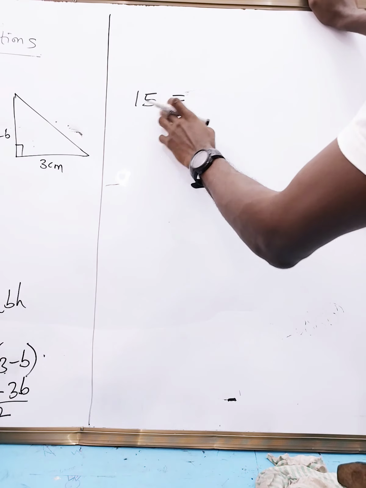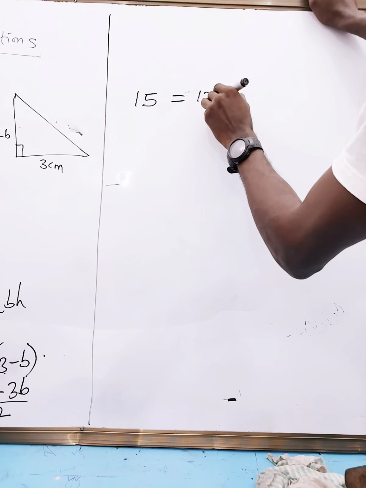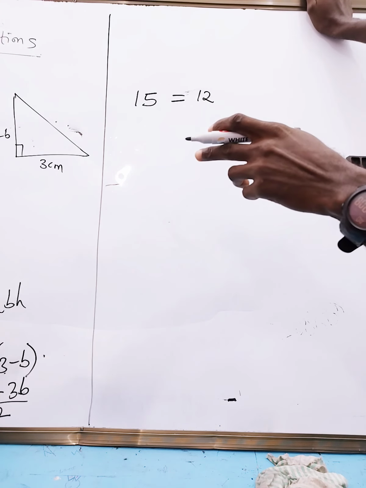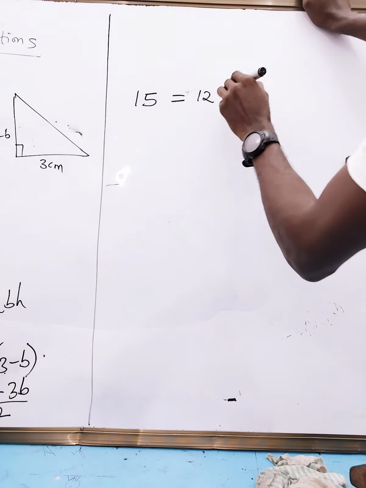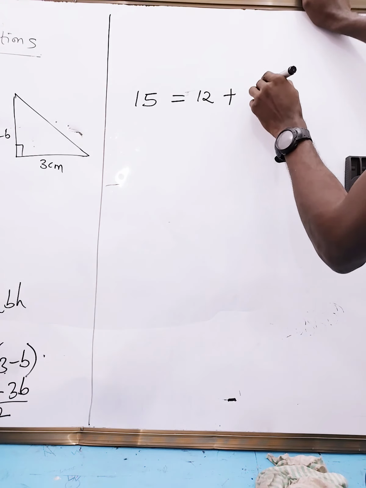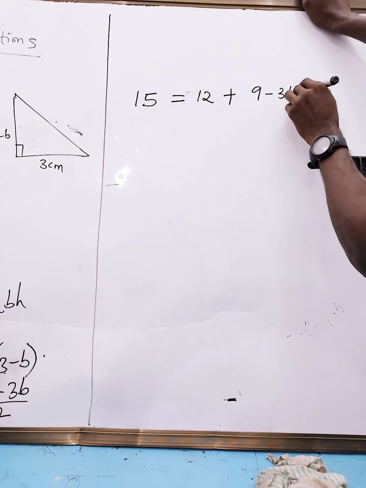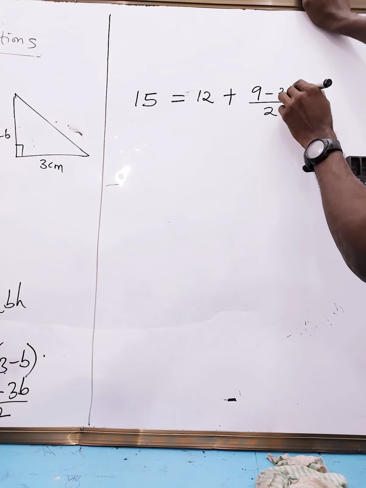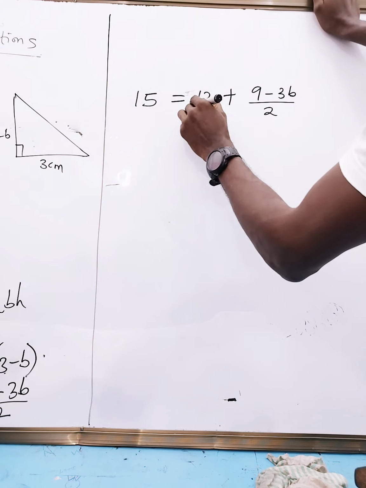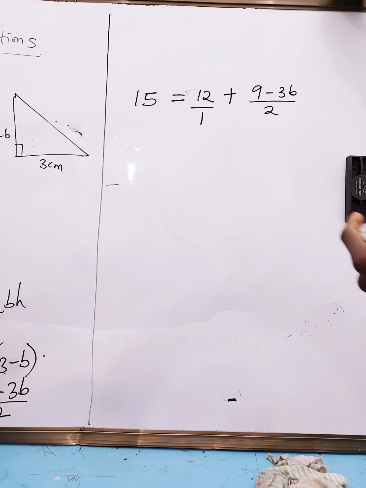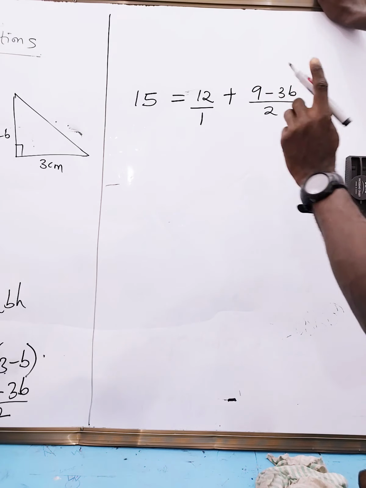And we therefore have 15 as given, as the area, equals the 12 centimeters that we got from the area of the rectangle plus that of the triangle. Let's make this one fraction to make it easier, with a common denominator.